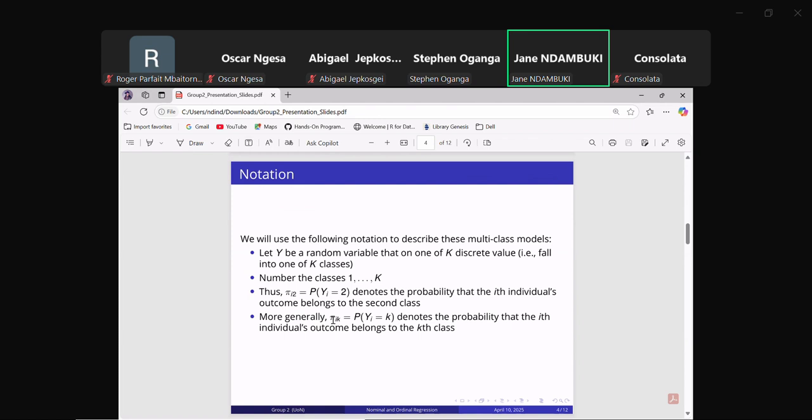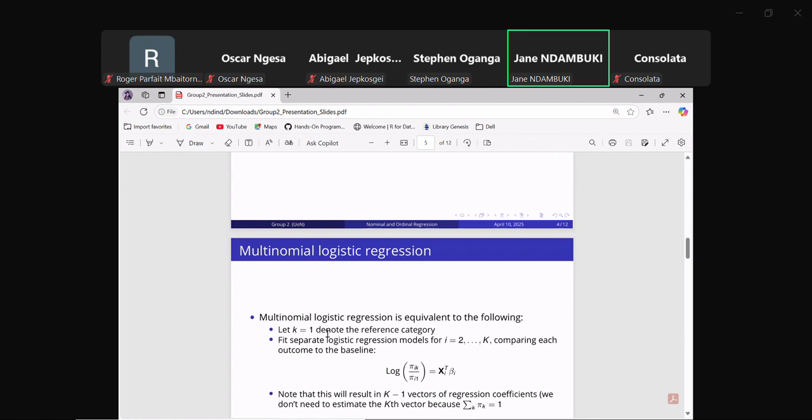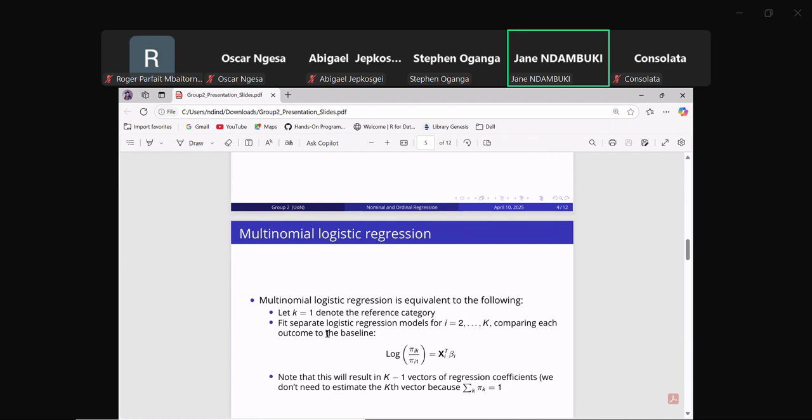Generally, pi subscript ik is the probability that the ith individual outcome belongs to the kth class. So we start with multinomial logistic regression, which is the generalization of logistic regression when we have more than 2 outcome categories.